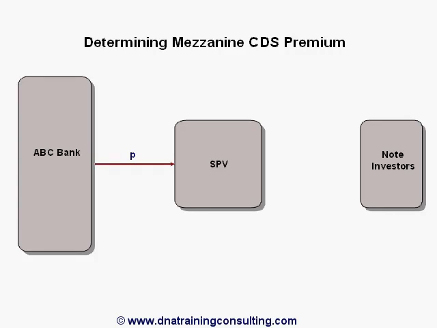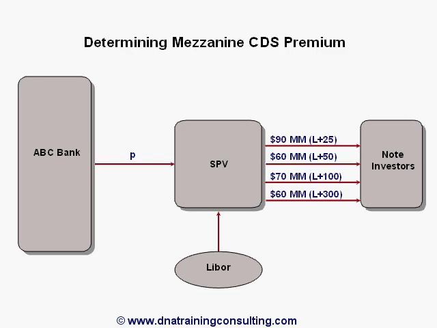This premium, denoted here by the letter P, must be sufficient when added to the LIBOR coupons received on the collateral to enable the SPV, for as long as no losses have been passed on to the investors, to pay LIBOR plus the appropriate spread on all four classes of notes in the aggregate.